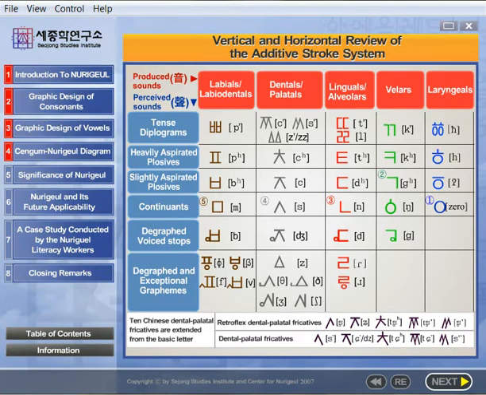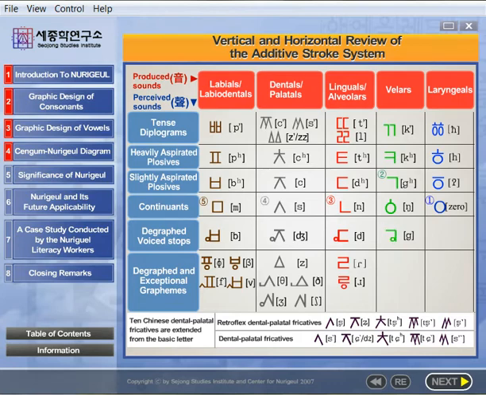Horizontal review. Now, let's read the chart horizontally, from right to left. First, the ingraft letters. K, T, J, P, H, K, T, Ch, P, H, G, D, S, J, Z, B, L. And then, degraft letters.